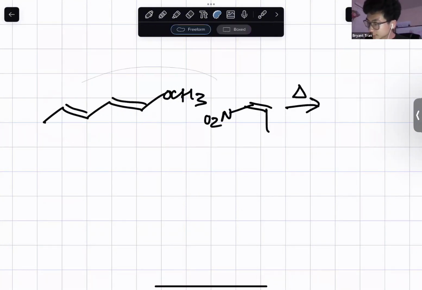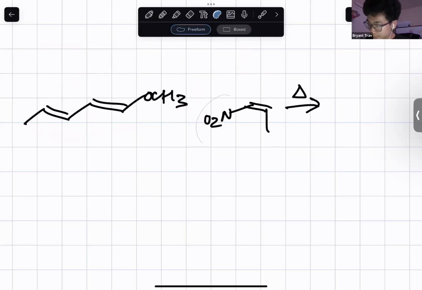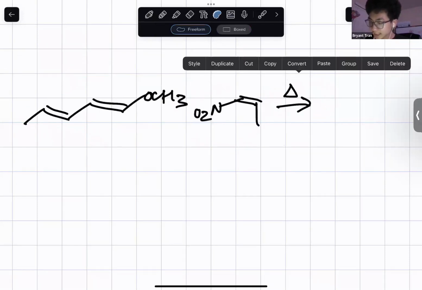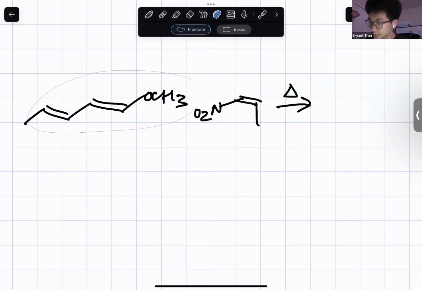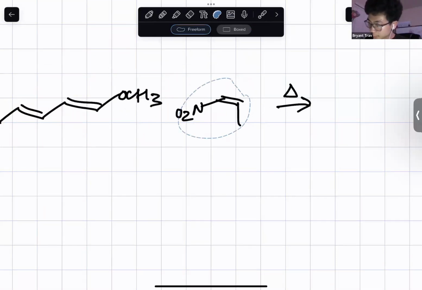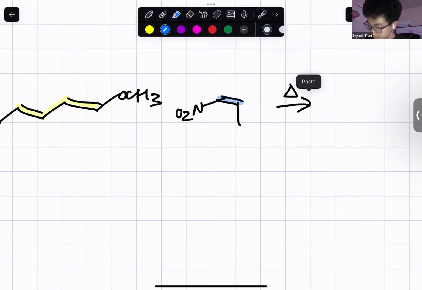Okay, so in Diels-Alder reaction, we said earlier that the s-cis diene does the reaction, not the s-trans diene, right? But we see an s-trans diene in this molecule here, and this is my dienophile right here.